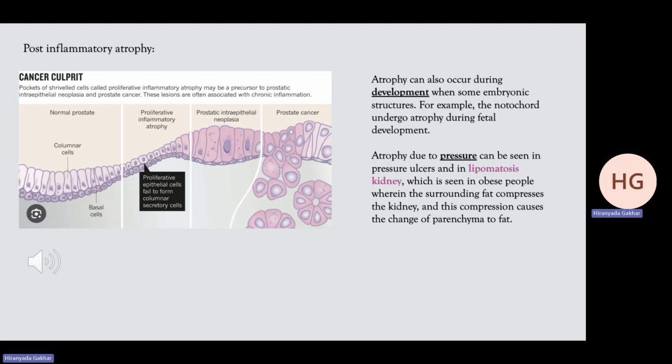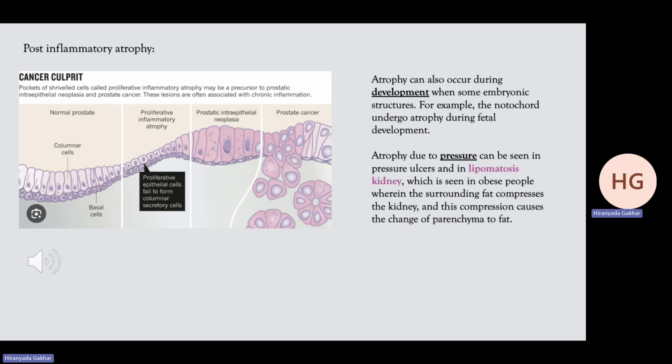Now, as the name suggests, this happens after an inflammatory process has occurred in a particular organ. The most prominent example for this one is the prostate. So, the normal prostate has columnar cells, which are secretory columnar cells, and basal cells.